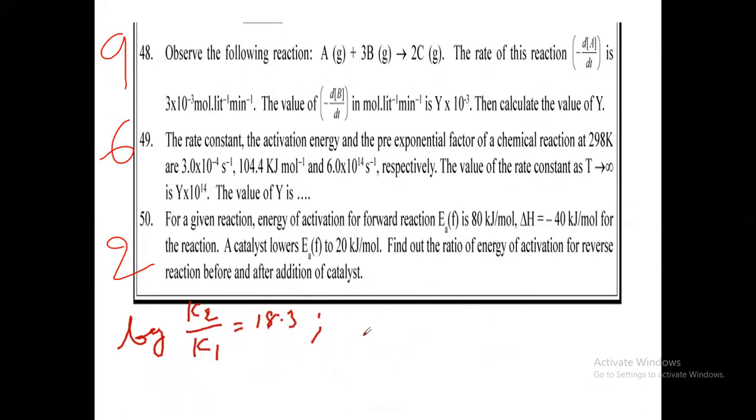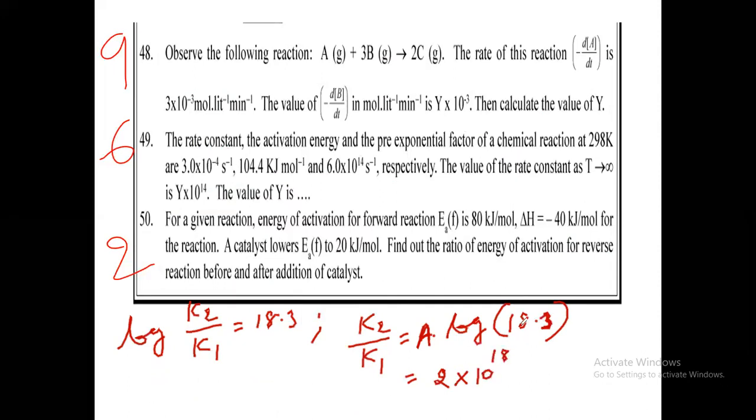K2 by K1 is equal to antilog of 18.3, that is antilog of 0.3, which is 2, because log 2 is equal to 0.3. Antilog of 0.3 is 2. So 2 into 10 power 18.